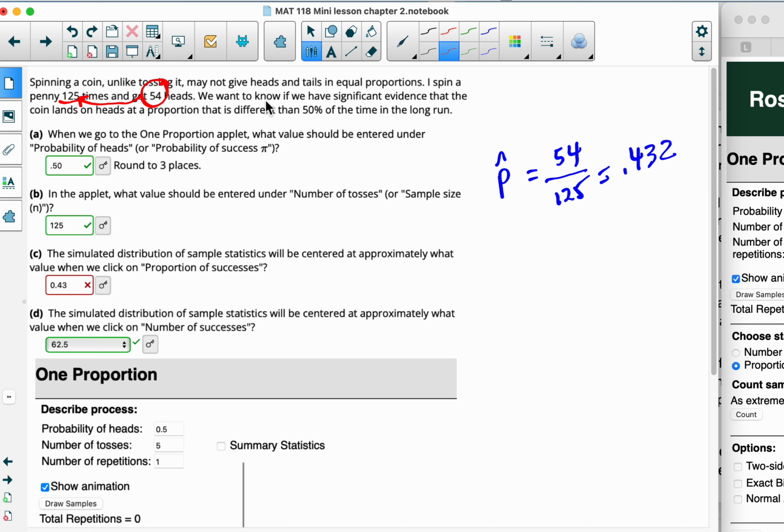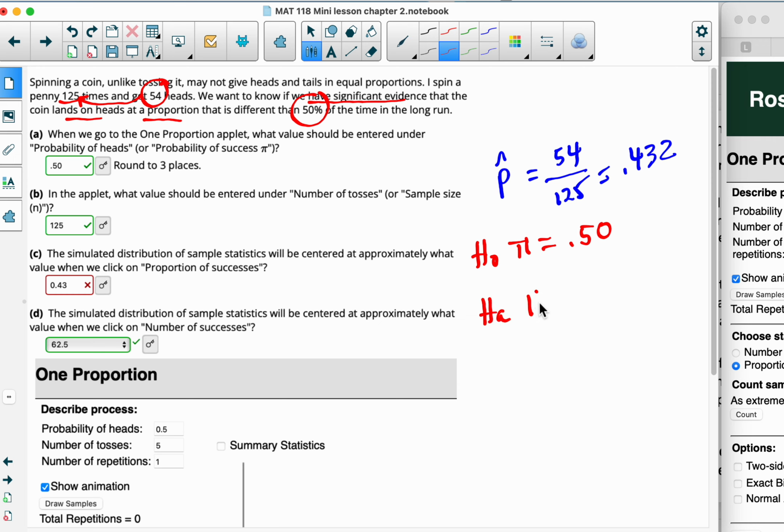We want to know if we have significant evidence that the coin lands on heads at a proportion different than 50%. So our null hypothesis in this case would be pi equal to 50%. So this would mean that I would get heads and tails equally.